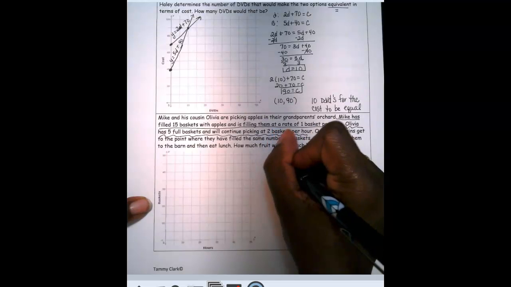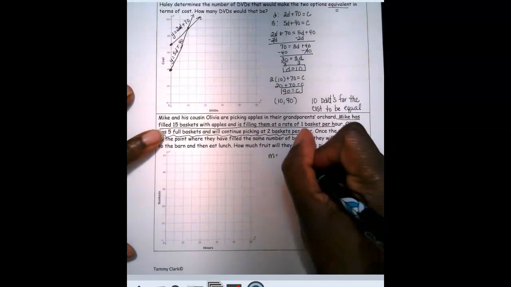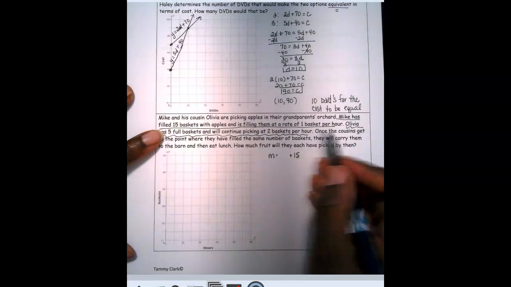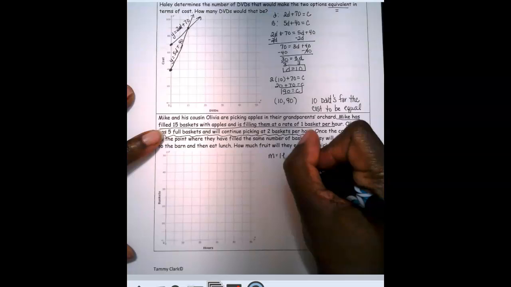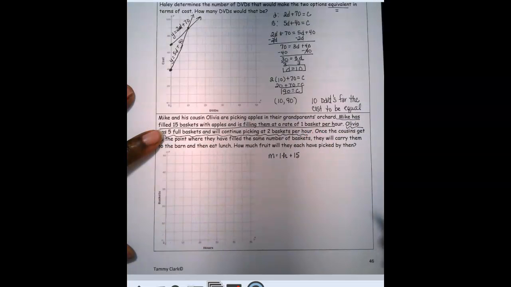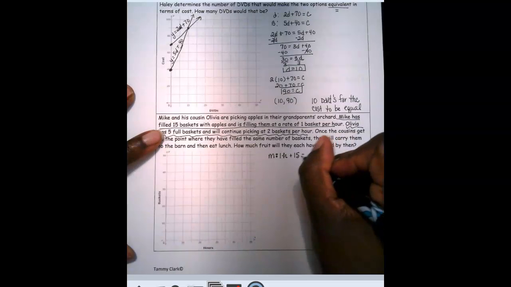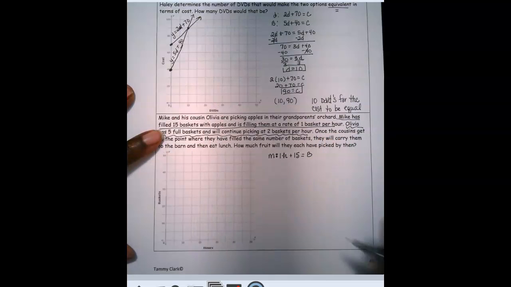So what we've got is Mike has already picked 15 baskets, and he's filling them at a rate of 1 basket per hour. And that equals the number of baskets.